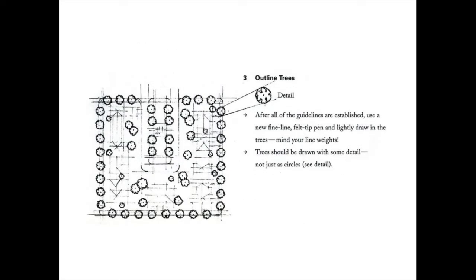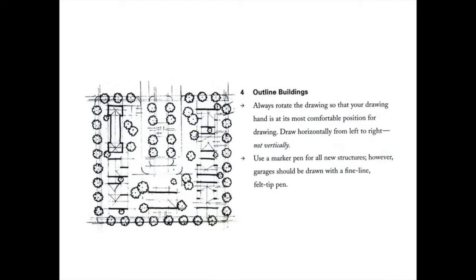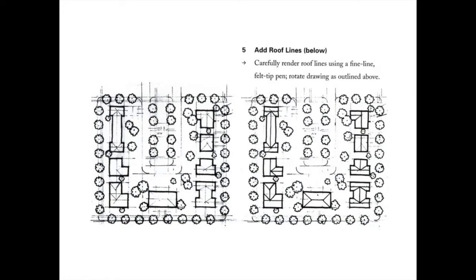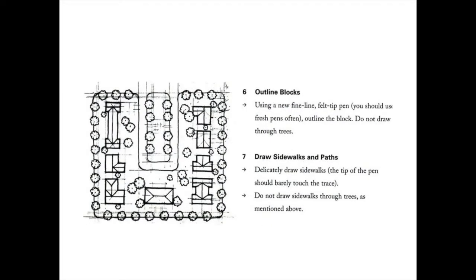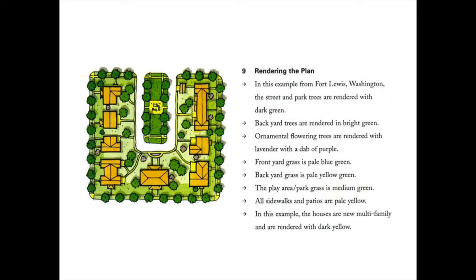Then on the second overlay, we will outline the trees with a thicker pen. Then the buildings. Then the roof lines. And then the blocks. Until you have this completed drawing with 2 line weights, trees and buildings outlined as such.